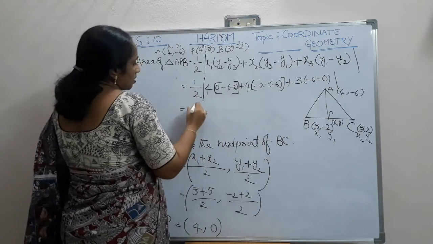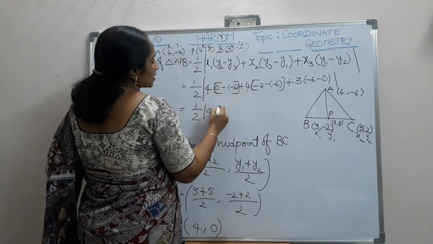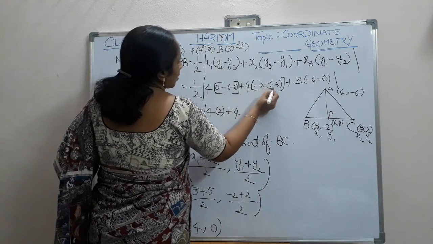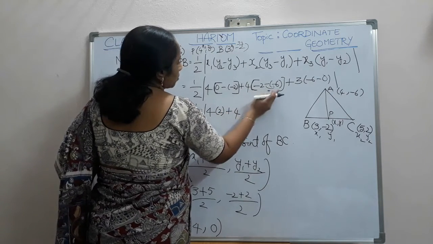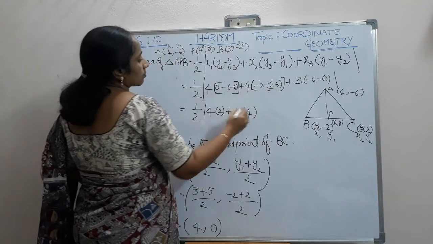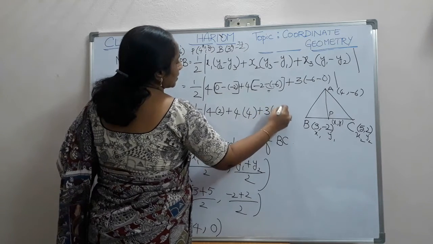That is half of 4 into 2, plus 4 into (-2 + 6) which is 4, plus 3 into -6.